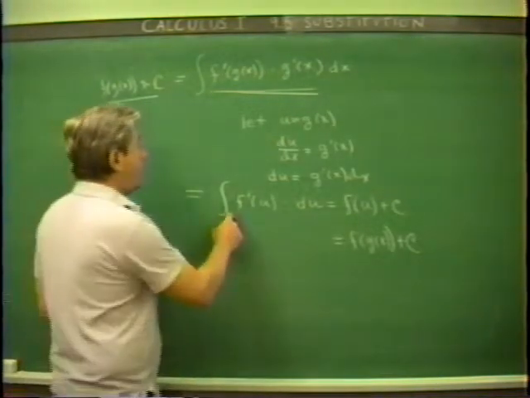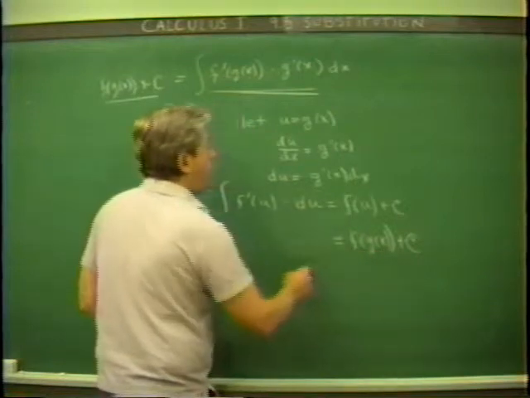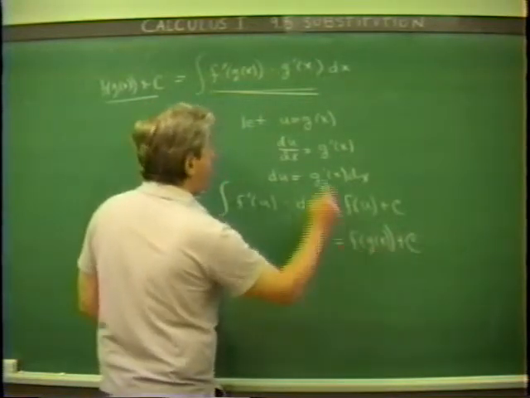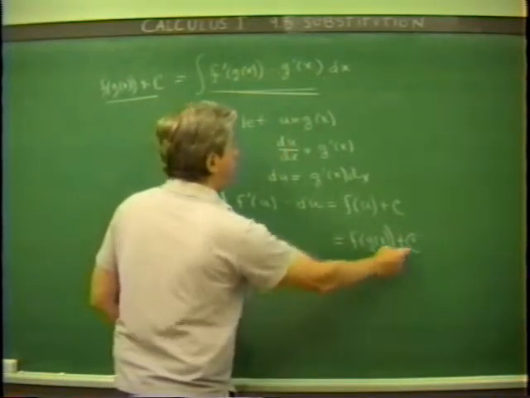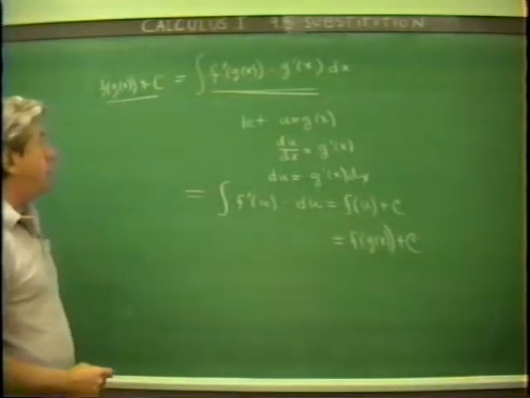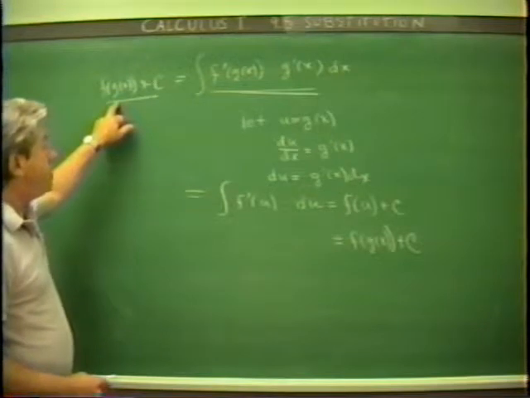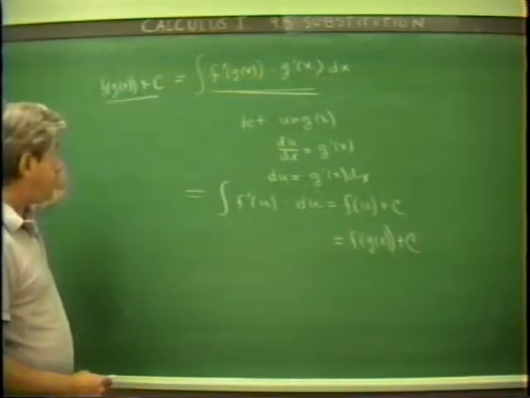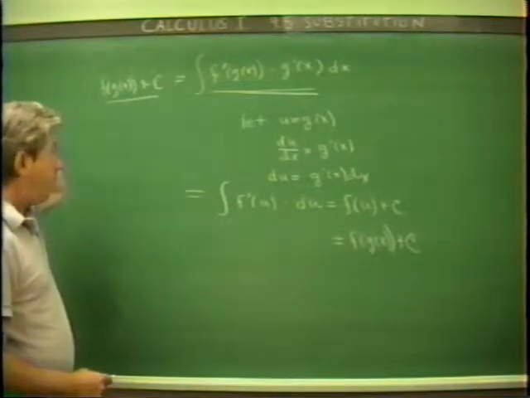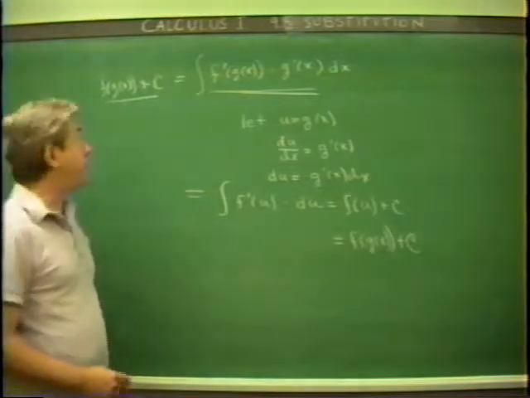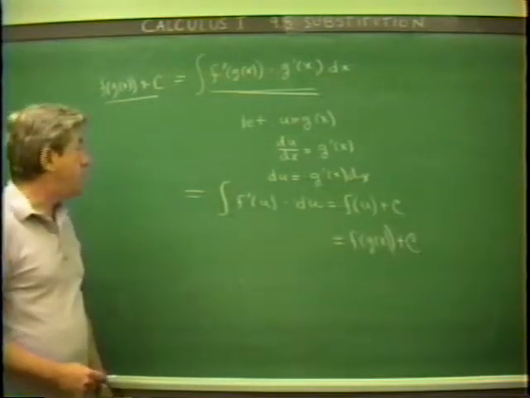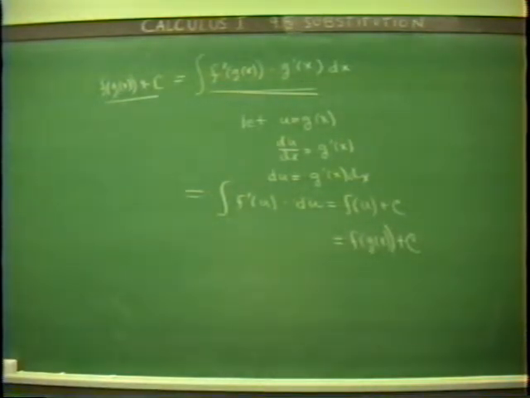Then you may anti-differentiate, and when you substitute back again, u equals g of x, you will end up with the correct answer. So this is the method of anti-differentiation by substitution, and we'll look at some specific examples of it next.